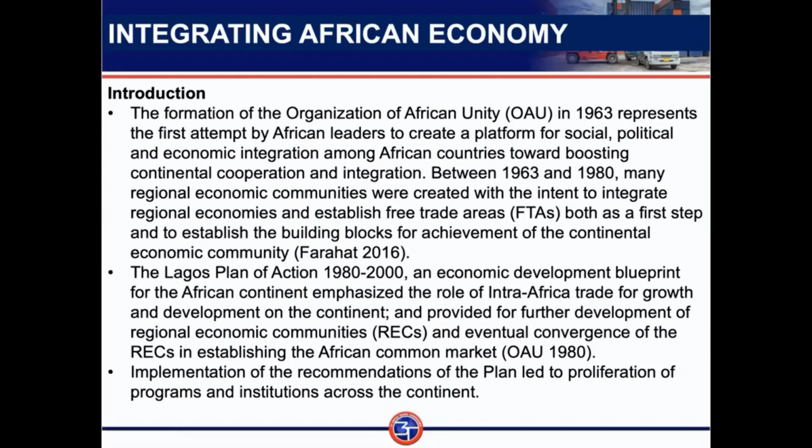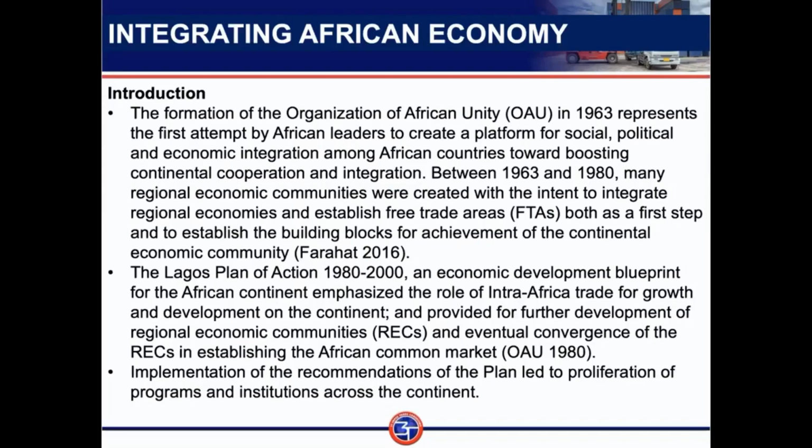There was the Lagos Plan of Action between 1989 and 2000, an Economic Development Blueprint for the African continent, which emphasized the role of intra-African trade for growth and development of the continent, and provided for further development of the regional economic communities and eventual convergence of the regional economic communities in establishing an African common market.